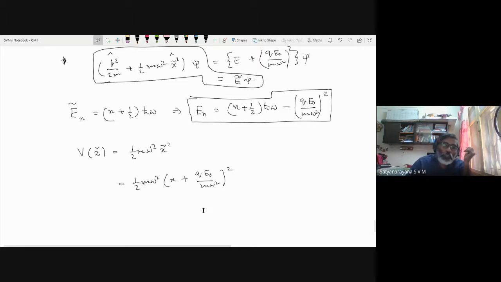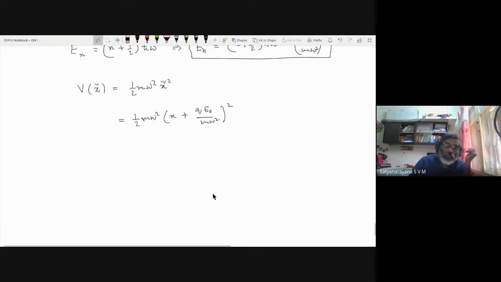Now you can see that this potential energy has the following form. At x equal to 0, the potential energy has some value. So when is it exactly 0? It is 0 at the point x equal to minus qE0 by m omega square, let's say some point here, and it is of course a harmonic potential. So you can see that this potential will have a shape like this.